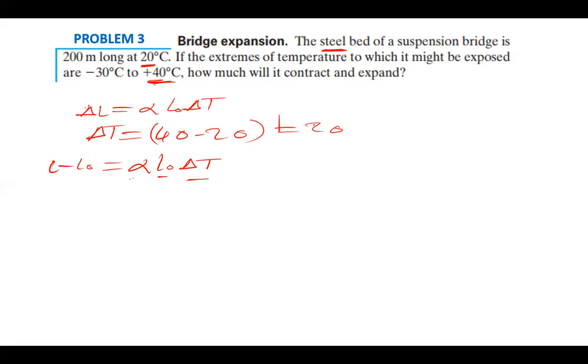Remember what I said: here you use the absolute temperature. The reason we're using the temperatures in the question directly is that the change in temperature when you're dealing with absolute temperatures is just equal to the change in temperature when you're dealing with degrees Celsius. That's why I've just gotten the temperatures directly.